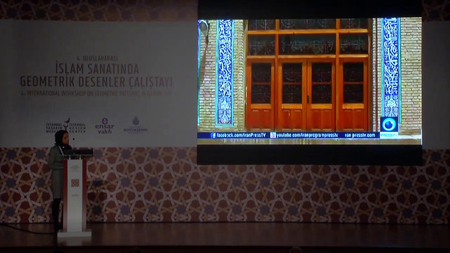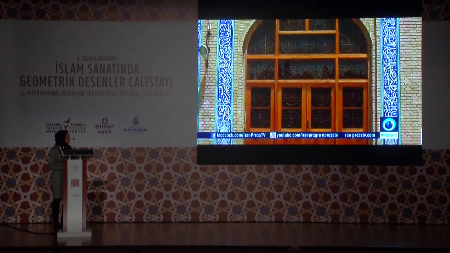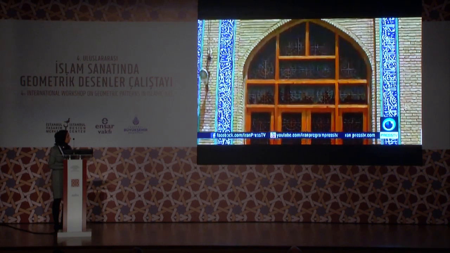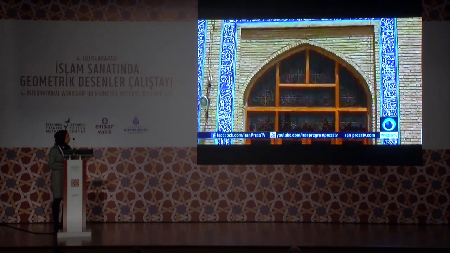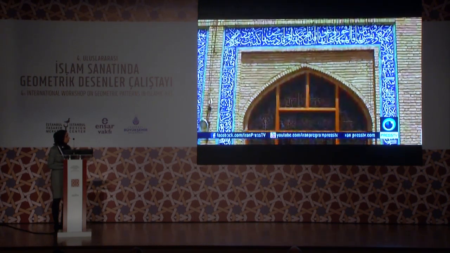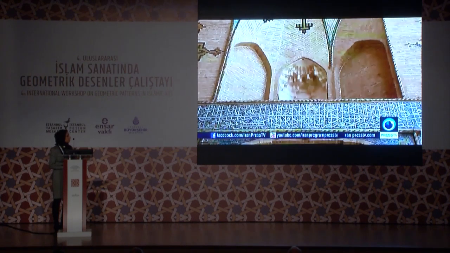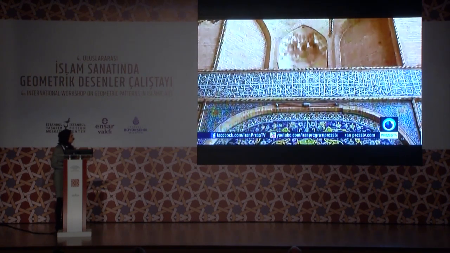In the past, 7-color tiles were largely used in minarets, sanctuaries, mosques, and shrines. However, in the modern times, they are also used for housing decoration.